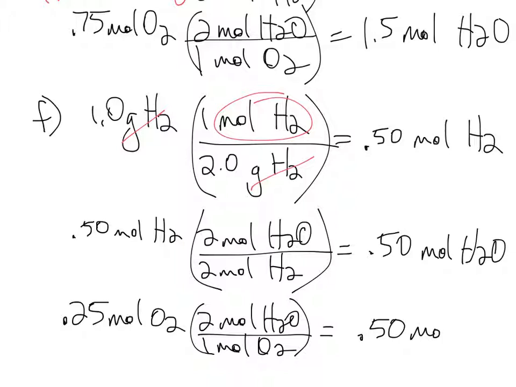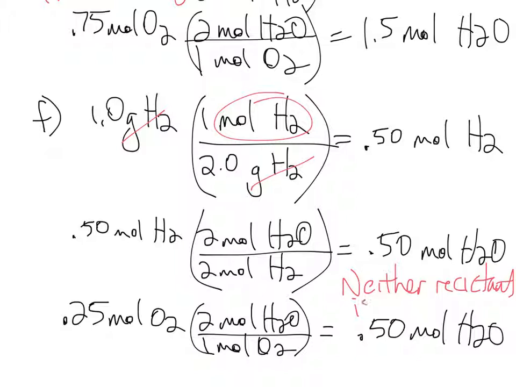And here we have one of those rare circumstances where the number of moles of water produced by one reactant is exactly the same as the number of moles produced by the other reactant. And so neither reactant is limiting. And so you would click the box that says none of the above on the WebAssign.